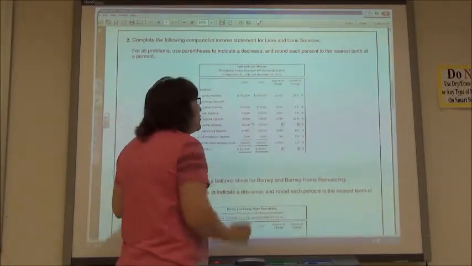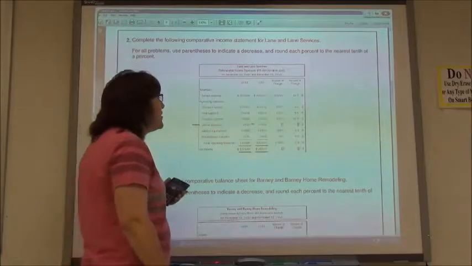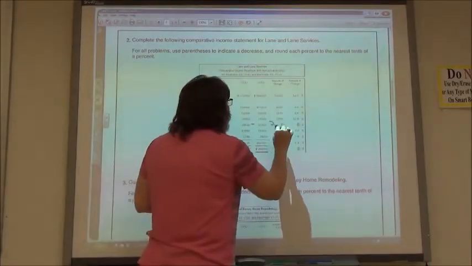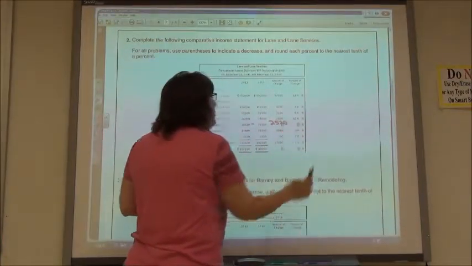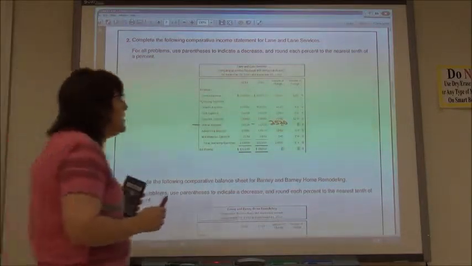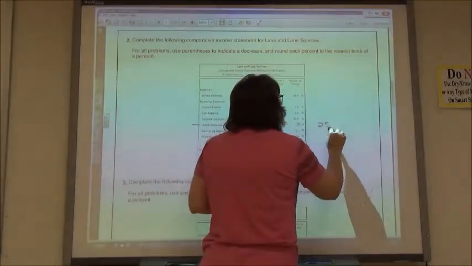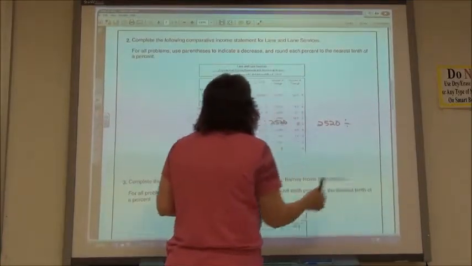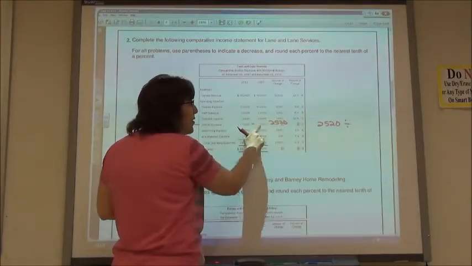So if we subtract 38,520 minus the 36,000, we get $2,520 that it increased by. Then again, when we want to find the percent, we're going to take that 2,520 and divide it by the 2012 because that's where it started.